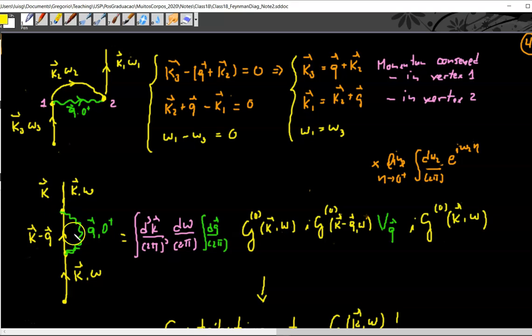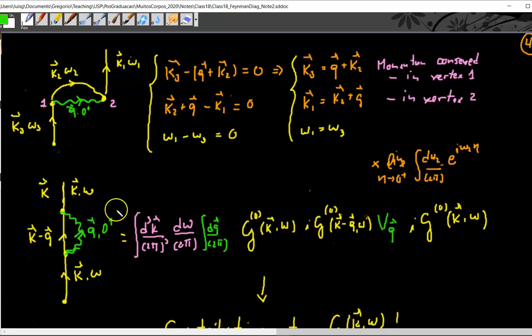The momentum of the interaction line would be q, pointing that way. And then k minus q plus q equals k. From here I can figure out that k3 and k1 should be the same. So I end up with k.